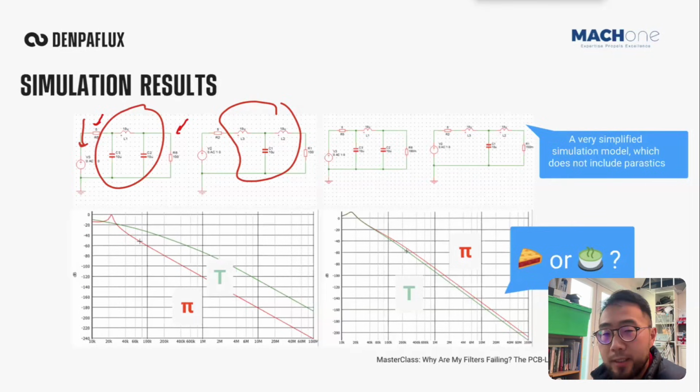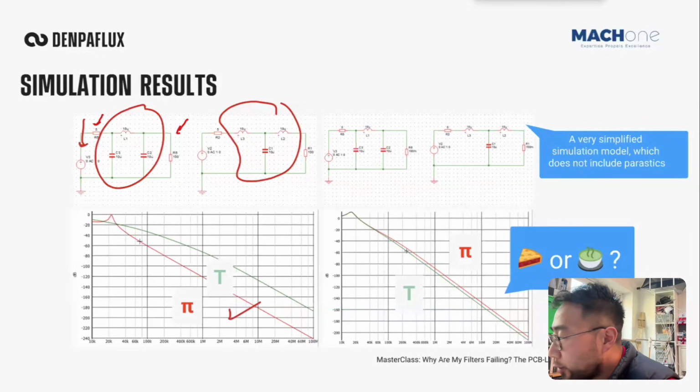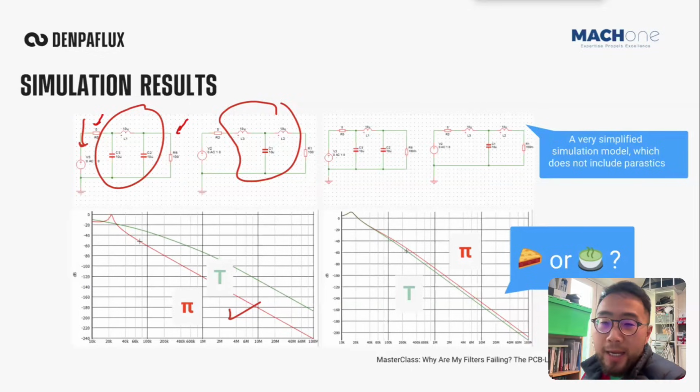But as you can see in this case, when you have a low-high configuration, the pi filter actually performs better than the T filter. But when you have a high-low configuration, then pi and T perform very similarly, okay?